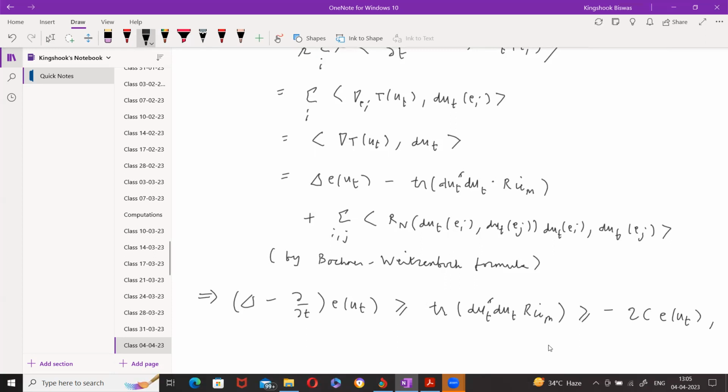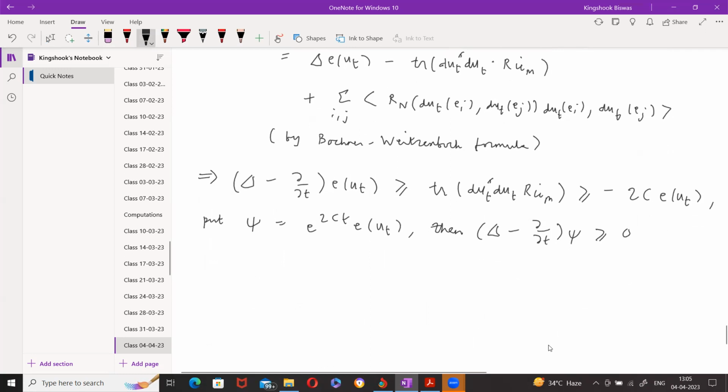Okay, so then you just put, as usual, psi equal to e^(2ct) times E(u_t). Then, like we calculated before, Laplacian minus ∂/∂t of psi will be greater than or equal to 0, right? Okay.